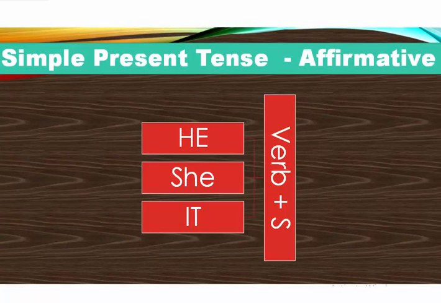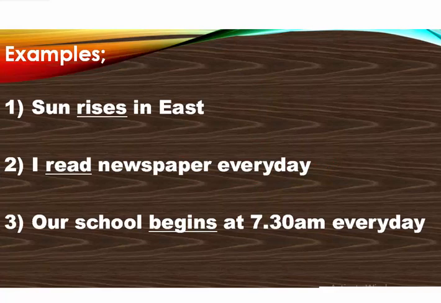But when he, she, it comes, the verb joins with s. The verb joins with s. See the example.